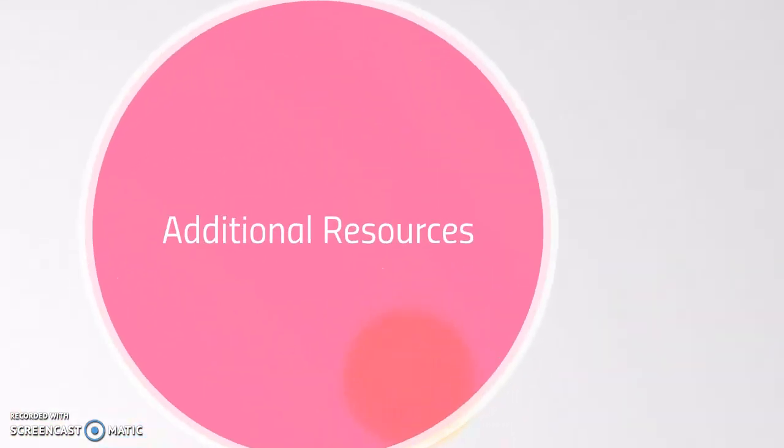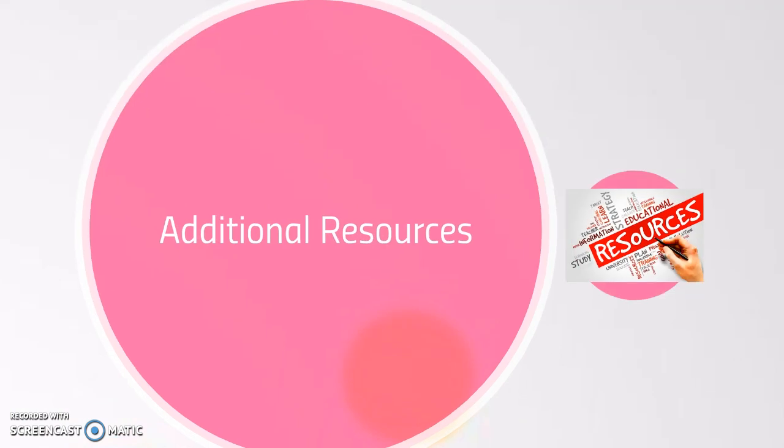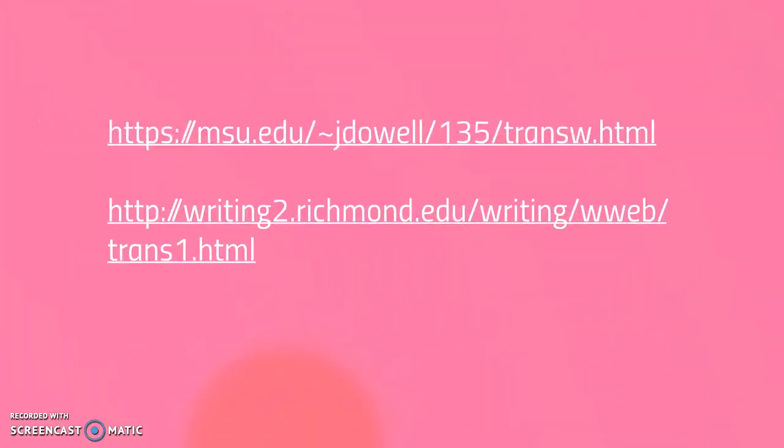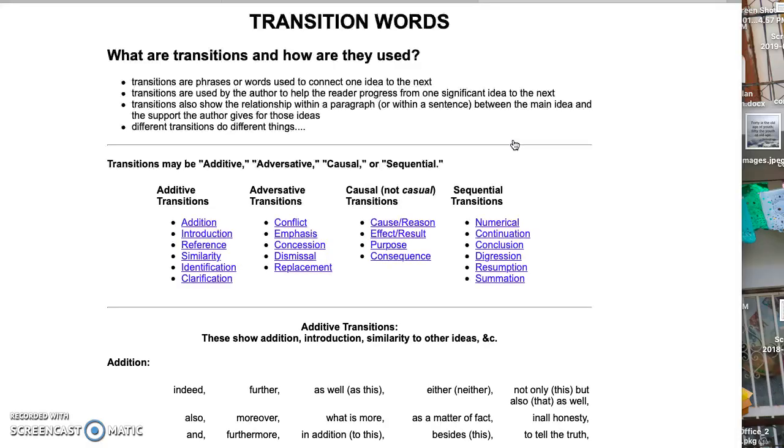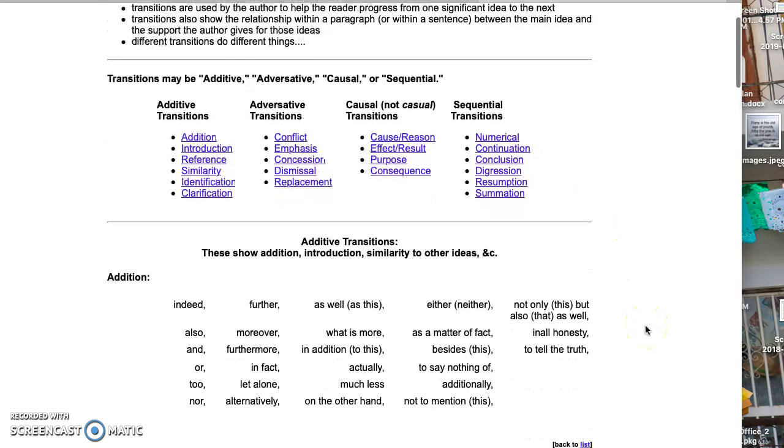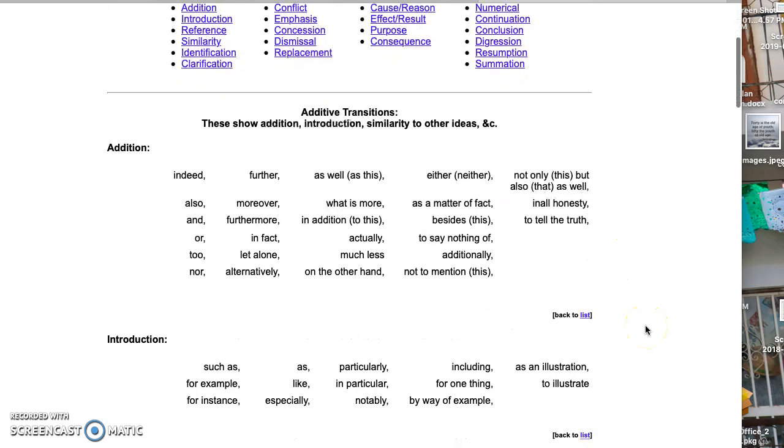Awesome. So here are the additional resources as promised. These are 2 websites that you can visit. You can also obviously Google any website on your own, but to make it a little bit easier, I will show you one example. Here we have really nice vocabulary boxes for different transitions that we would use.